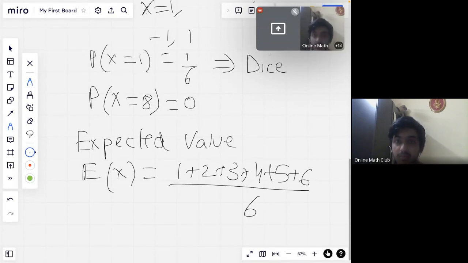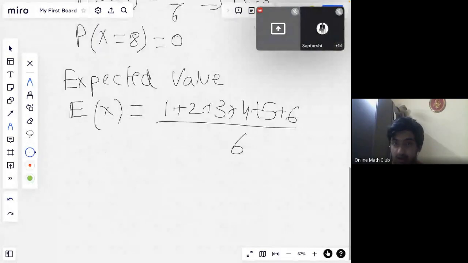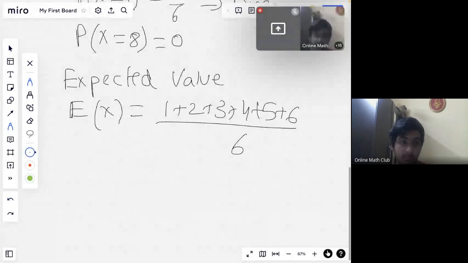Is that clear? Basically that's what expected value is. For example, I could ask you something like, what is the expected number of heads when you flip 2 coins?